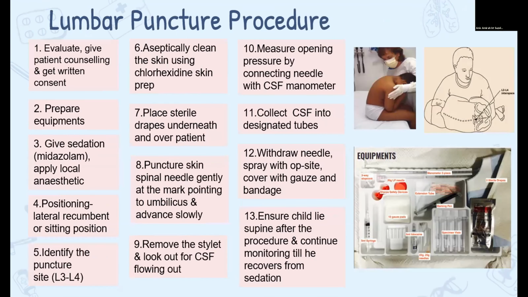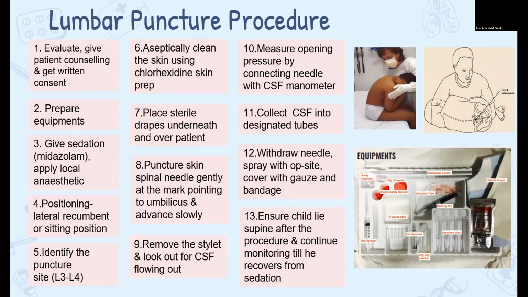For the lumbar puncture procedure, we need to evaluate the patient to identify if there is any condition that contraindicates the LP. We should counsel the patient, giving a clear explanation of why we want to do the LP, the details of the procedure, what will happen, the complications, and get written consent.